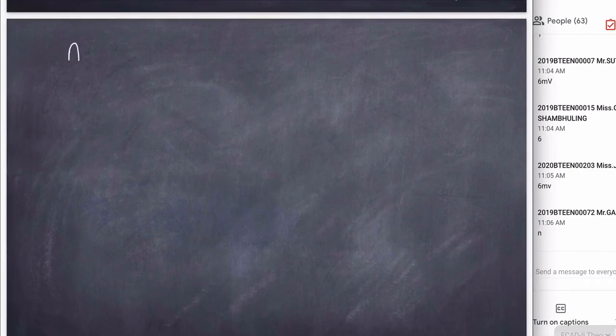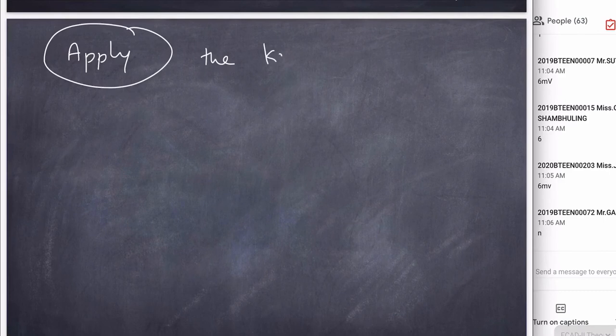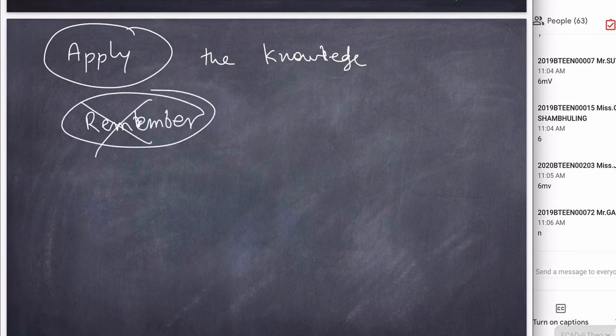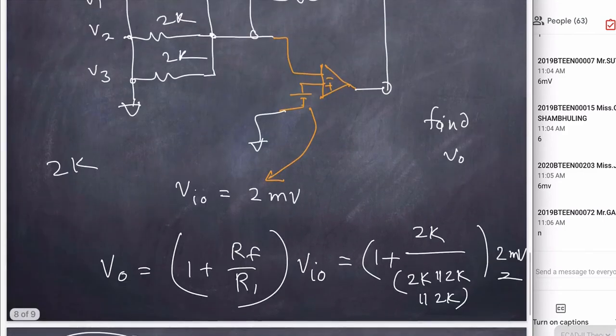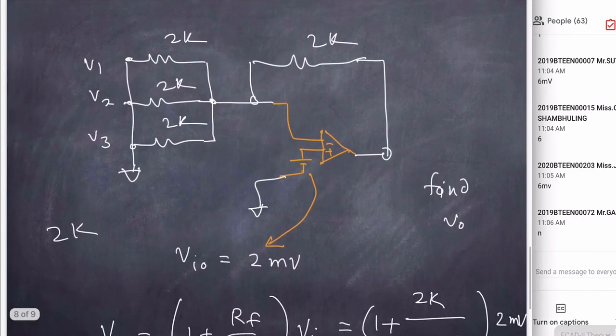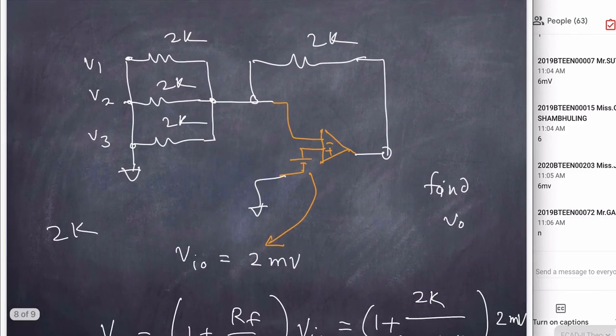So this is where you are supposed to apply the knowledge, not remember. Okay, so will it be okay, or shall we ask the definition of VIO?